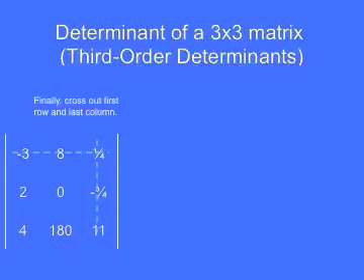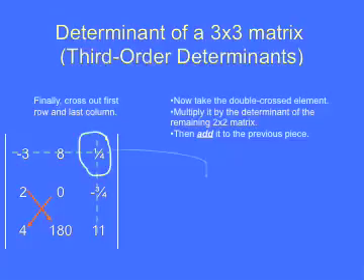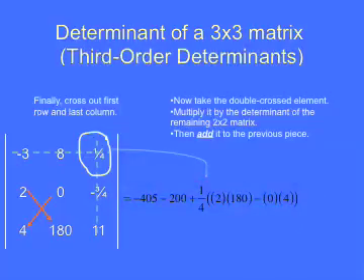We'll keep going. Finally, we'll cross out the first row and the last column. Just as before, we'll take the double-crossed element and multiply it by the remaining determinant. This time, we'll add this to the previous result. So let's look at what that looks like. The first calculation gave us a -405.